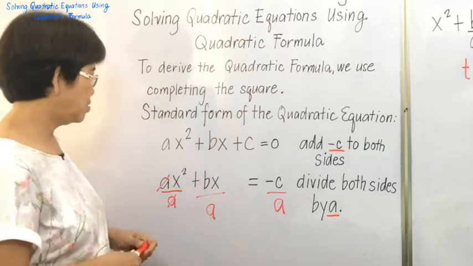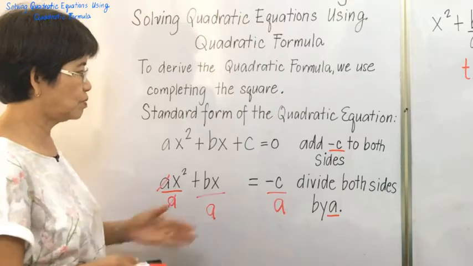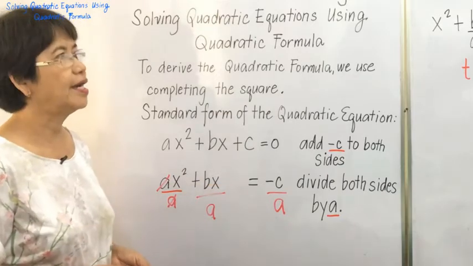So, our equation becomes x squared plus bx over a is equal to negative c over a.